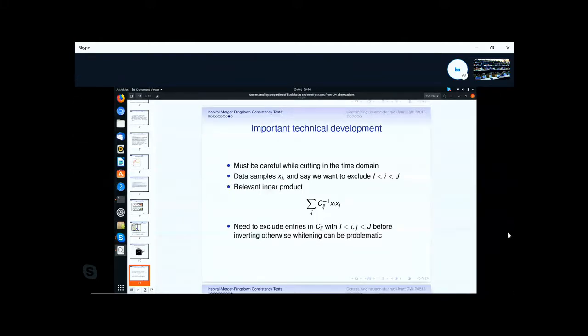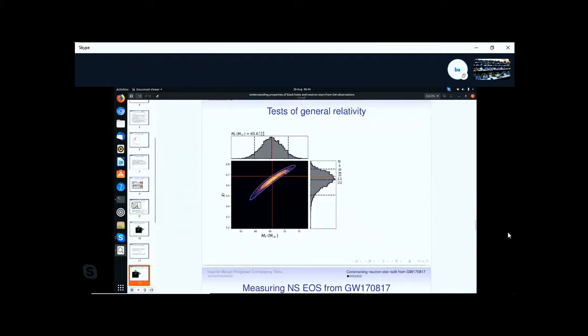In fact, the Fourier transform of C_ij is precisely the power spectral density. So you have to exclude the entries in the C_ij in the right ranges, and then you do the inversion. Otherwise, the whitening procedure can lead to wrong results, like in the previous plot. But if you take this into account, then what you get is completely consistent with the actual result. That is the next slide.